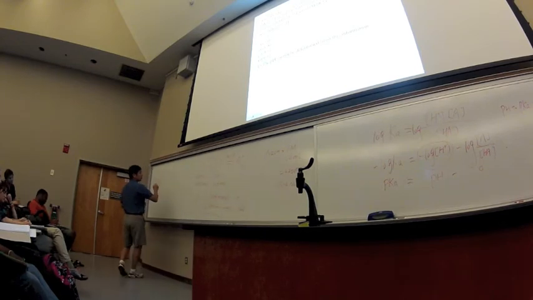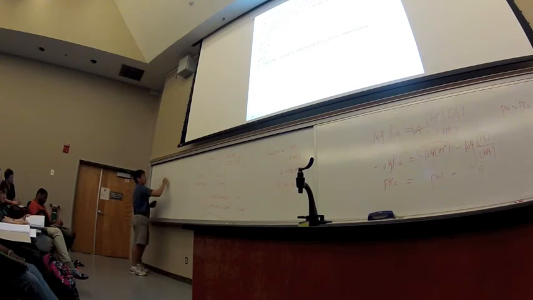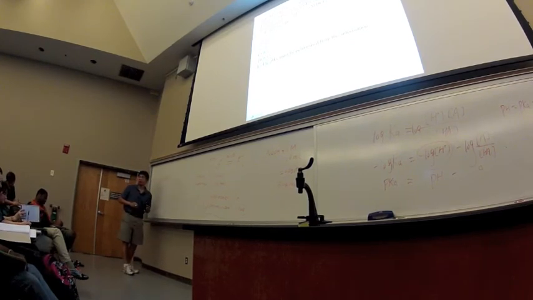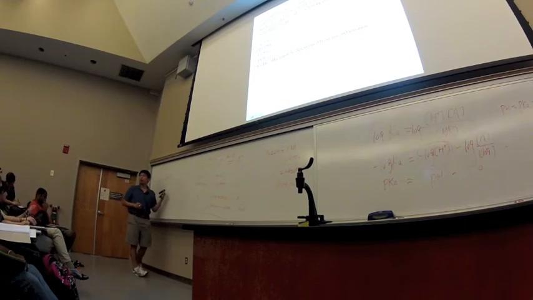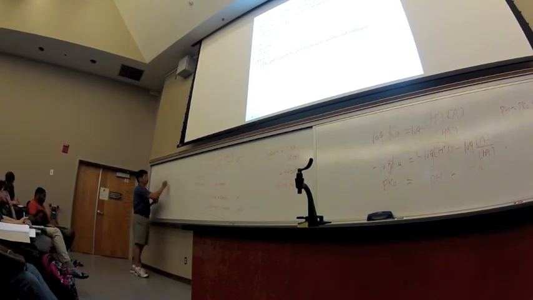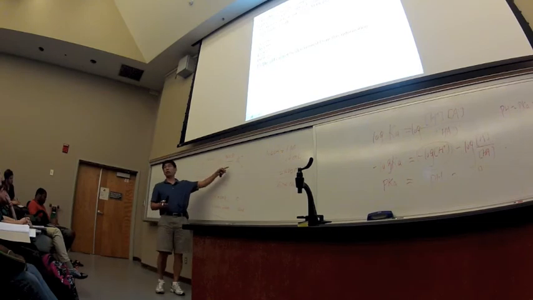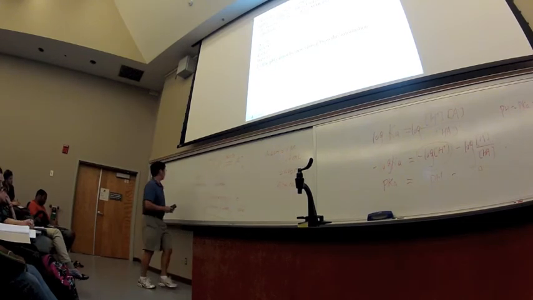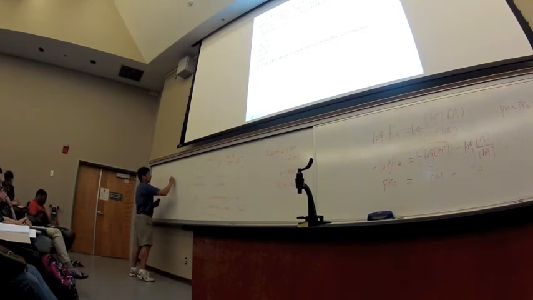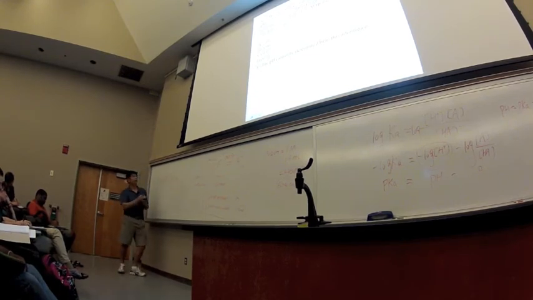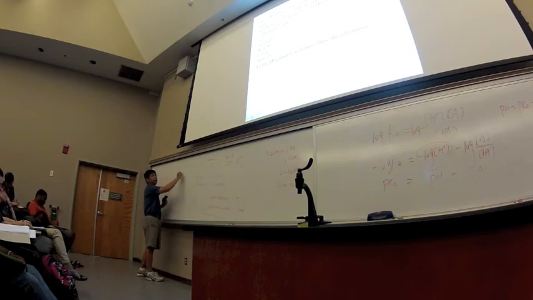Let's calculate the pH. pH equals pKa plus what? pKa1 or pKa2? pKa2, because we're talking about this equilibrium already. That's pKa2 plus log of A minus divided by HA.